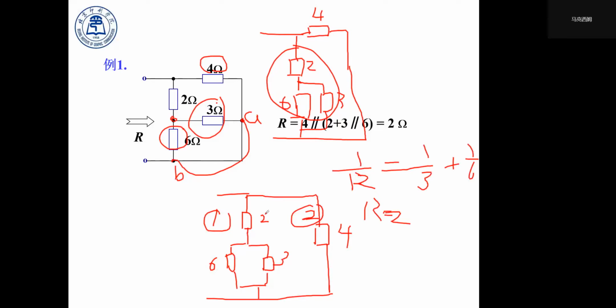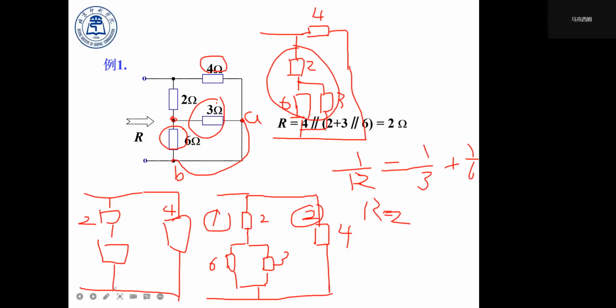Then we can replace this branch of 3 and 6 with 2. So we rewrite this: this is 2 ohm, and this is 4 ohm resistance. And we can replace the latter one too.